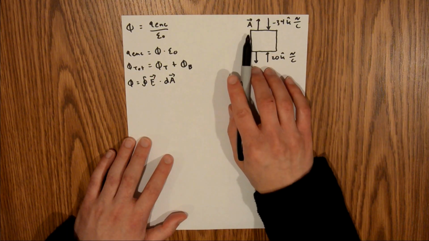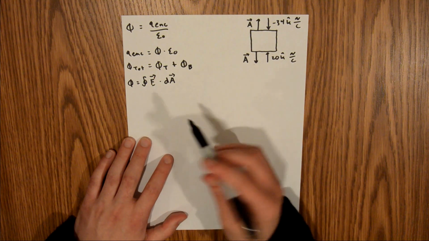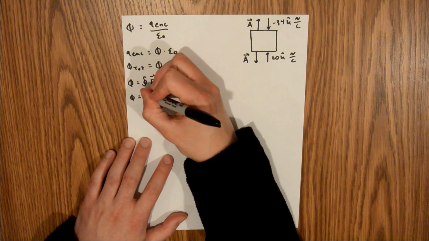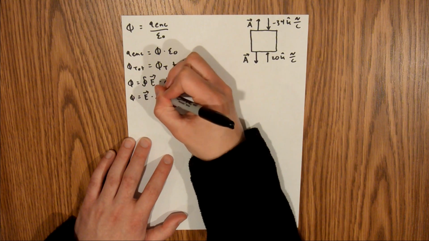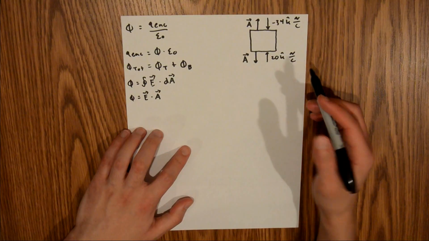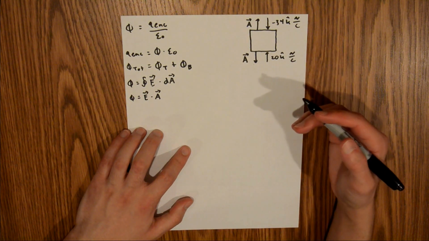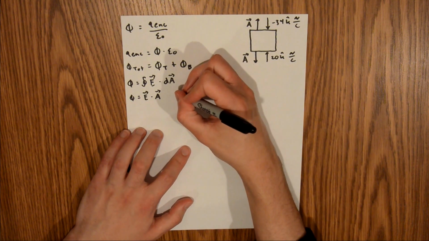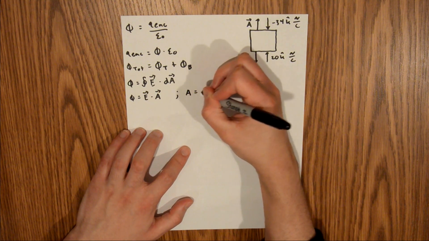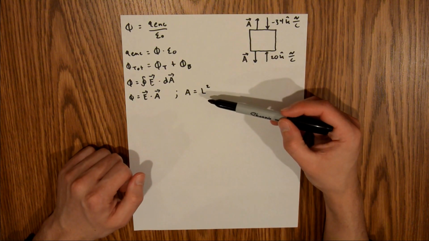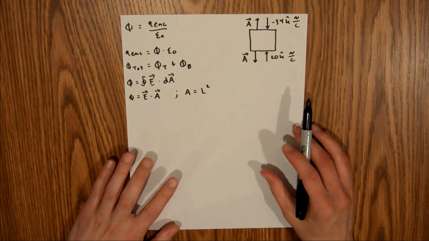In this case, both of our surfaces are planar, so this simplifies to flux equals the electric field times the area. Our surfaces are the face of a cube, which is a square, and the area of a square is the side length squared. Now we have the equations we need to calculate each of these individual fluxes.